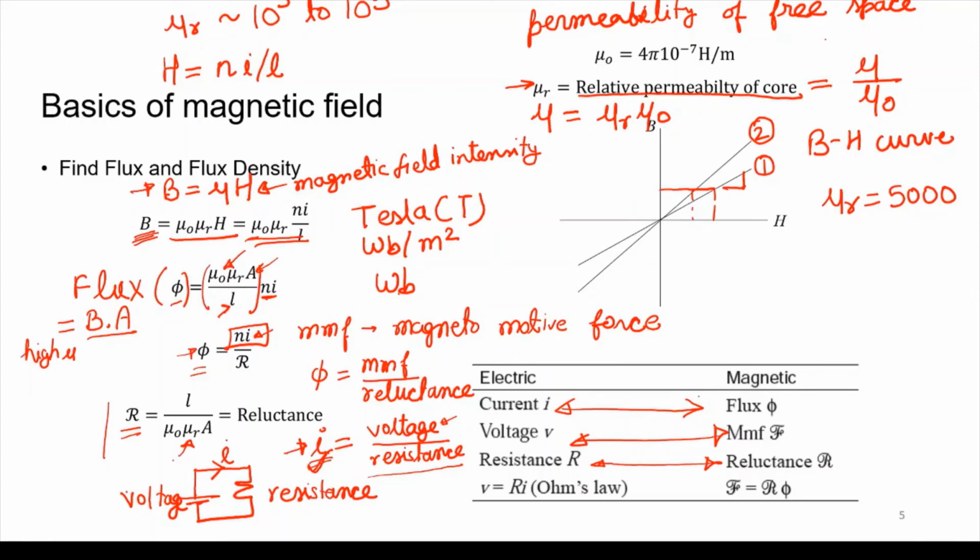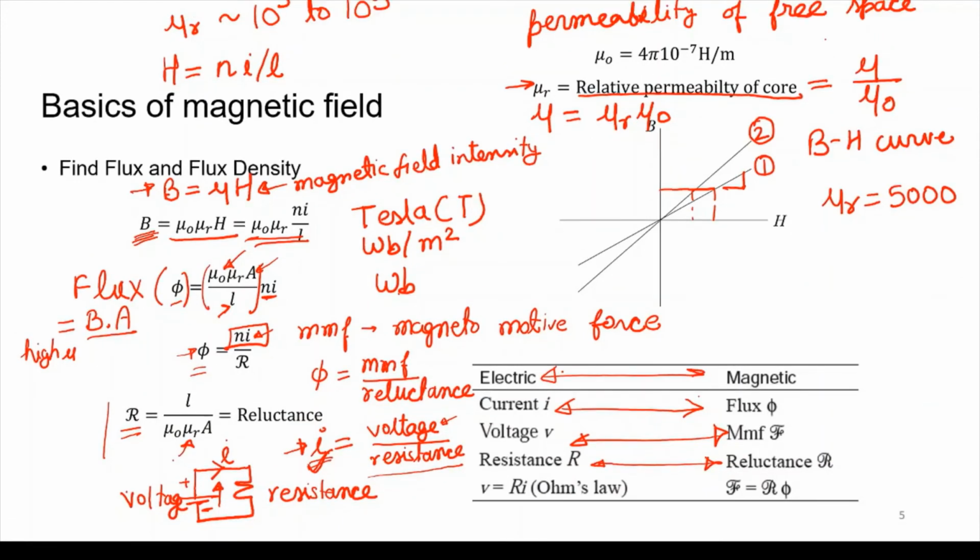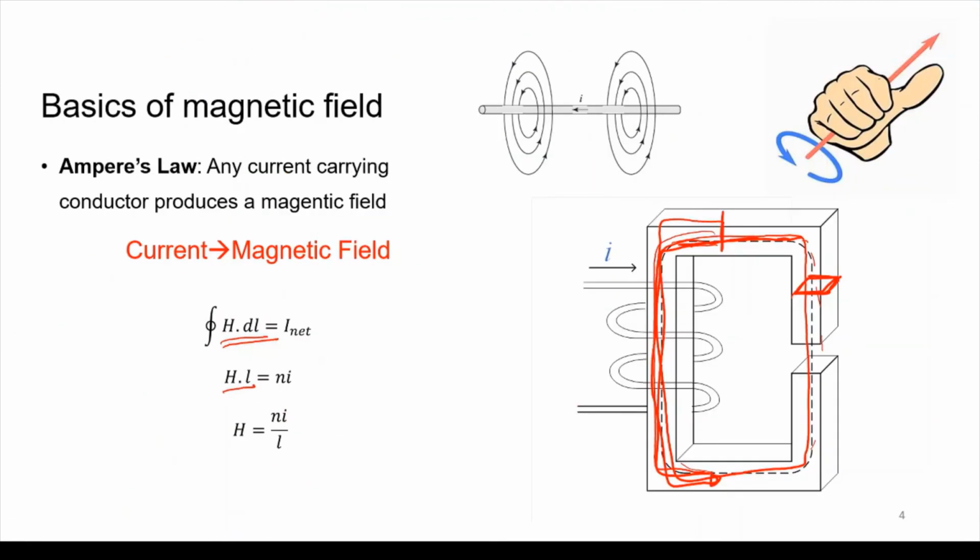Now the current is flowing from positive terminal to negative terminal outside the voltage source. However, inside the voltage source it flows from negative to positive terminal. Now let us use this convention and the analogy between electrical and magnetic variables and try to draw the equivalent magnetic circuit for this.